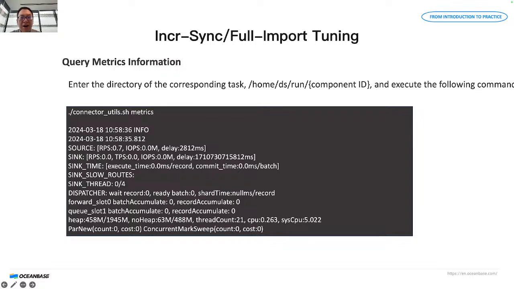Similarly, if there is a high delay time, check if there is a performance issue on the target side. Additionally, there are additional metrics. The first one is sync time, which measures the time required to write each record and each batch. The second is sync thread, which shows the number of write threads, where 0 indicates the active threads and 4 shows the total number of threads. Generally, you only need to focus on these metrics. Others are generally not used.